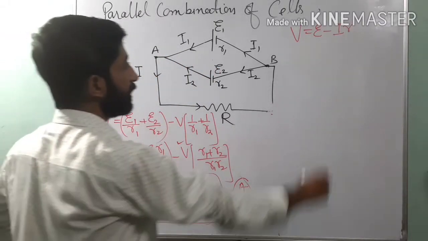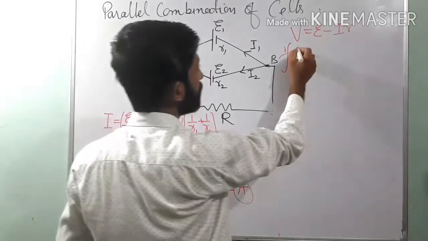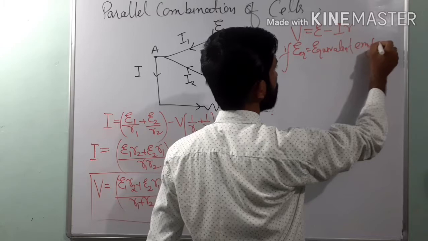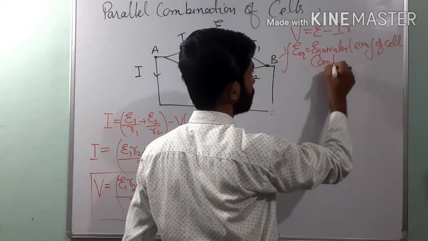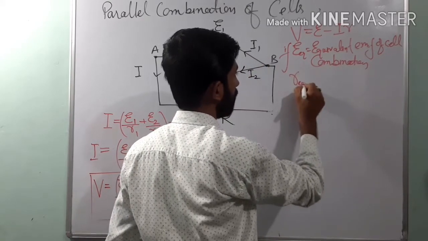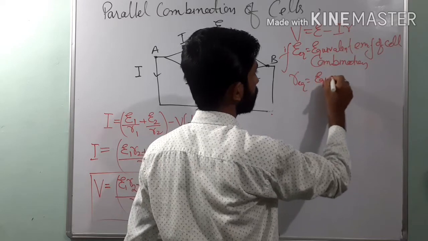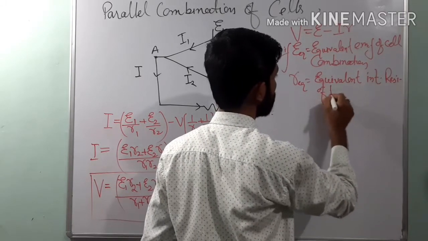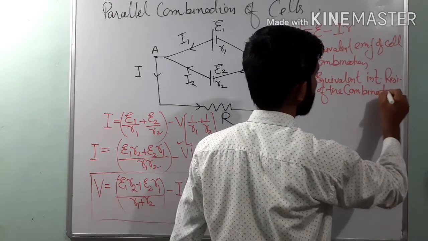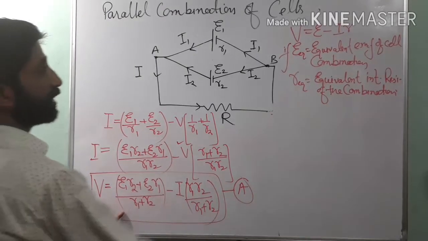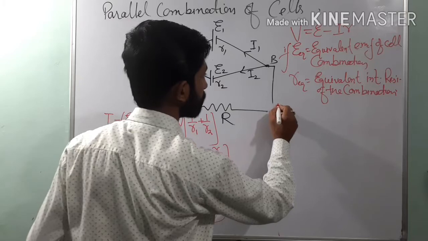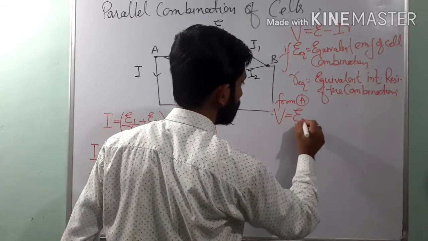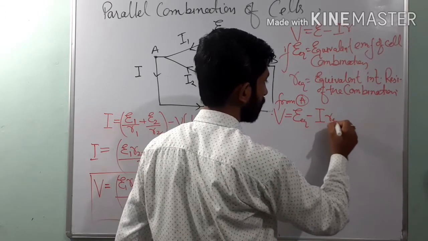If E equivalent is the equivalent EMF of the cell combination and R equivalent is the equivalent internal resistance of the combination, then from equation A we get V equals to E equivalent minus I R equivalent.